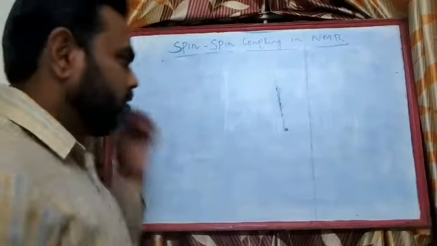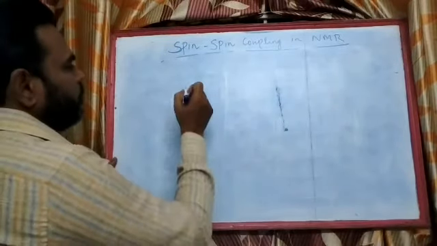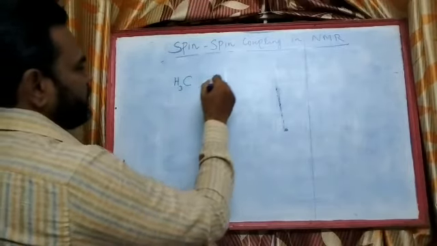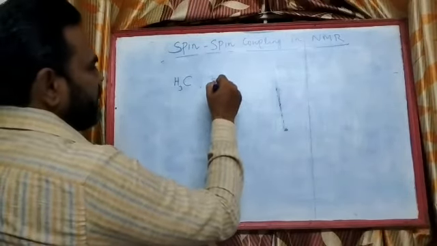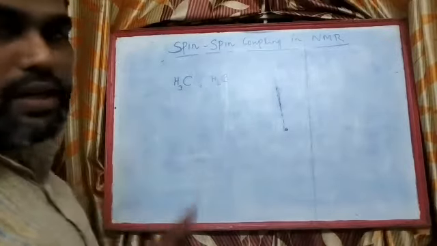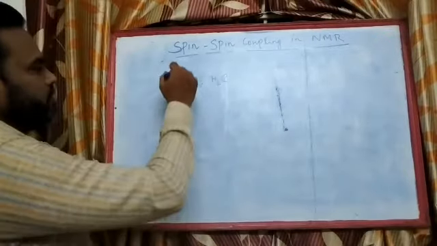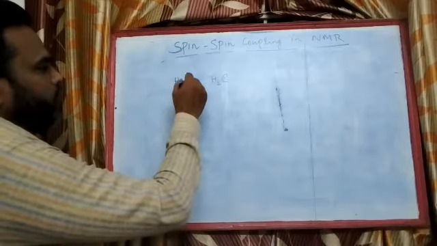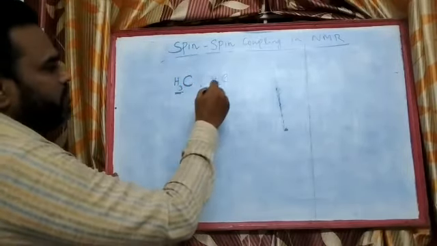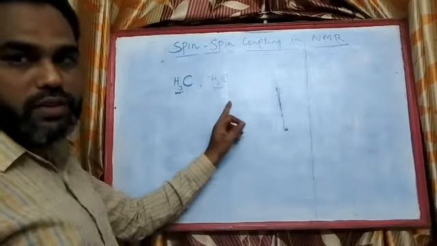Okay, and now if I have a group of magnetically equivalent nuclei, say for example CH3 and CH2, these two are a group in a molecule which consists of magnetically active nuclei.